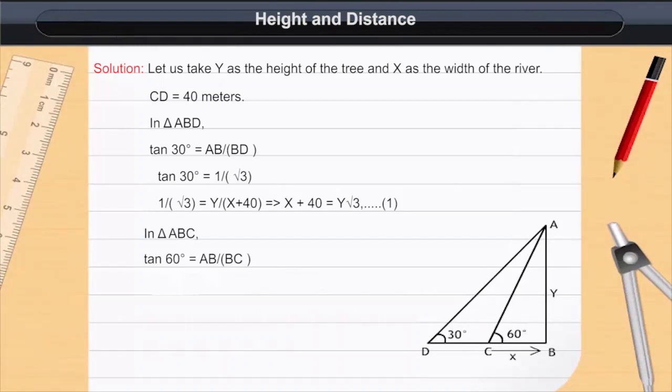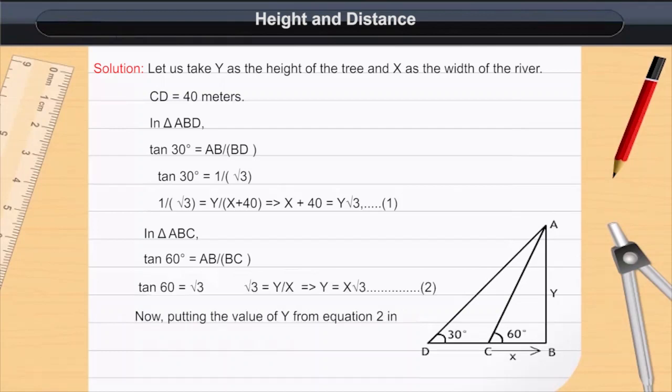Now in triangle ABC, tan 60 degrees is equal to AB by BC, because tan 60 is equal to square root 3. Hence, square root 3 is equal to y by x, which means y is equal to x multiplied by square root 3. Let us take this as equation 2.